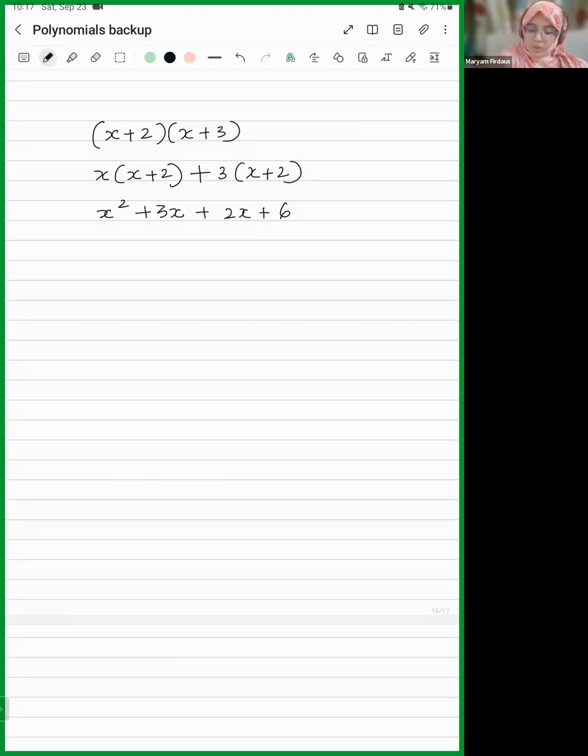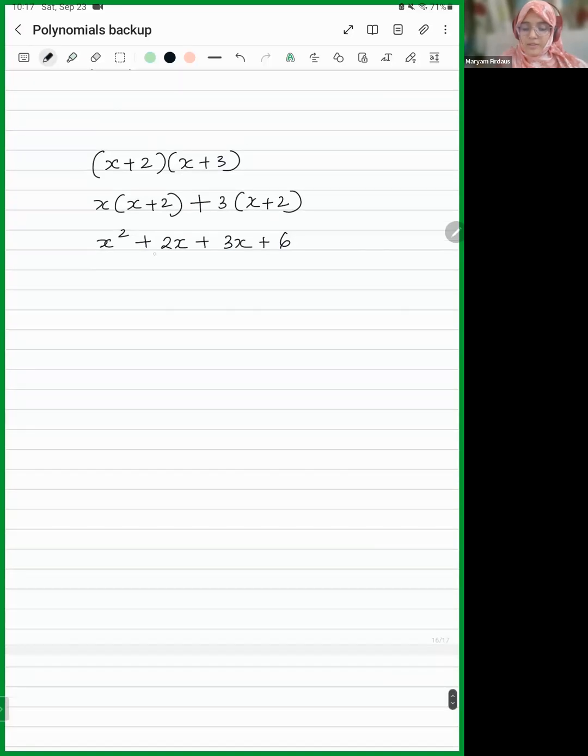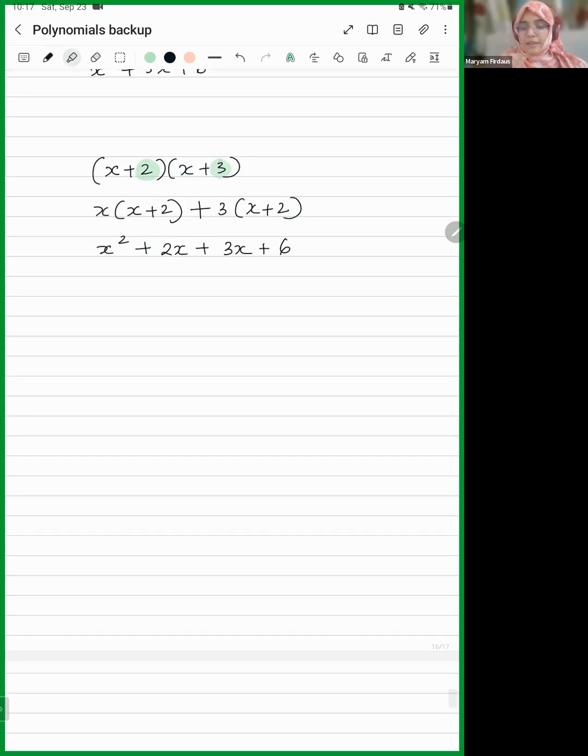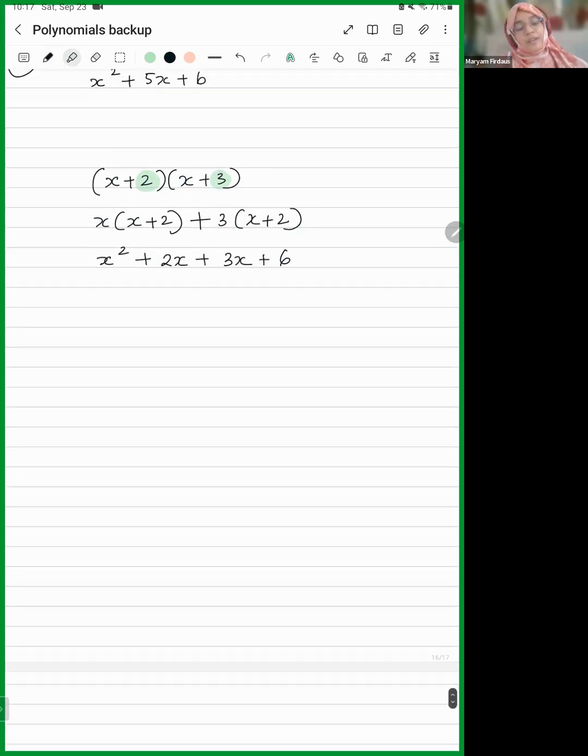So you saw how we did this? Now see how this becomes 5x. 2x plus 3x becomes 5x. How is that happening? Pay attention here. This 2 and this 3 combine in two different ways.